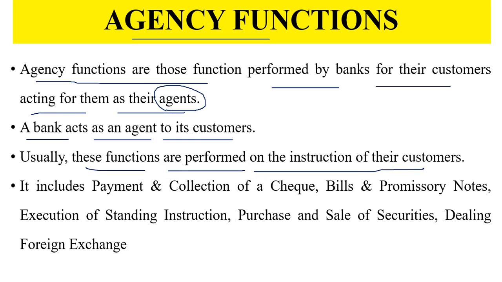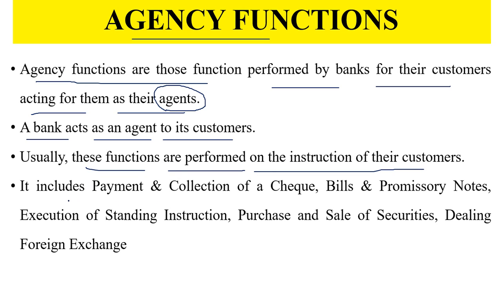If the customer gives instructions to the bank for payment or collection of some payment, in that case the bank acts as an agent on behalf of the customer to receive the payment or make the payment of a particular transaction. So agency function is nothing but the bank acting as an agent to the customer.